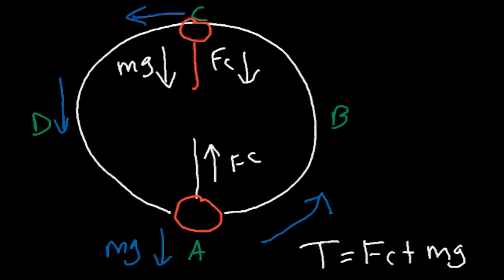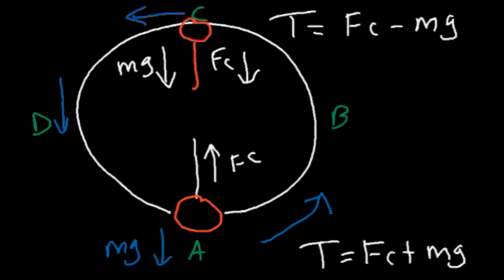Gravity is applying a downward force, which is going to assist the ball to go in this direction. As it moves from C to D, it's eventually going to turn towards a downward direction. So the tension in the rope doesn't have to be that large. The tension is still going to provide a significant portion of the centripetal force at point C, but the weight force is going to help it out. So it feels lighter at point C. So at point C, the tension force is the difference between the centripetal force and the weight force.